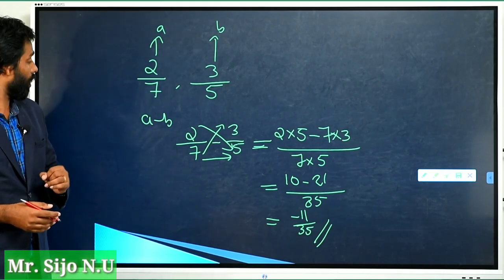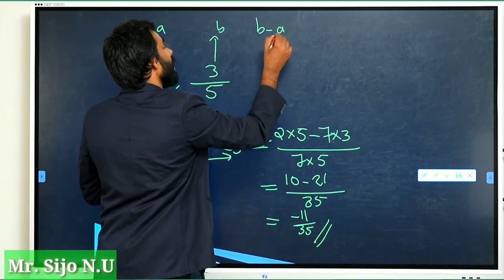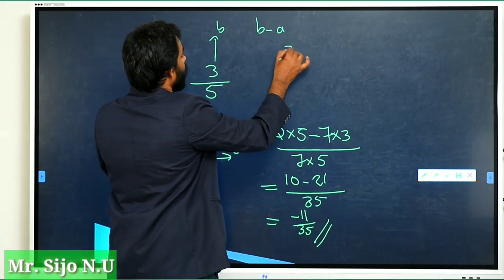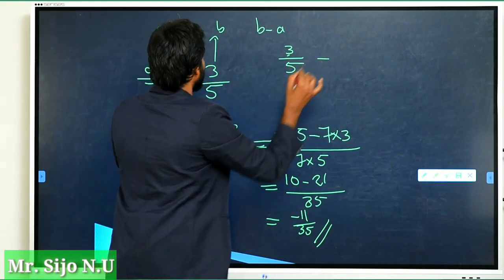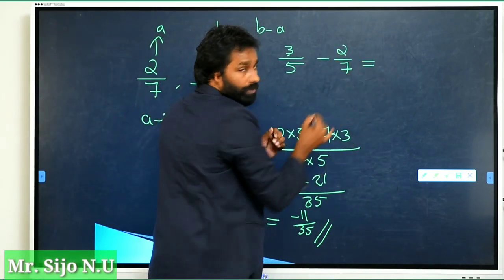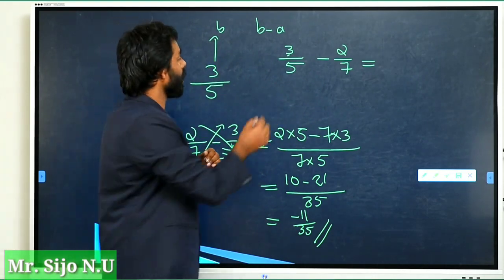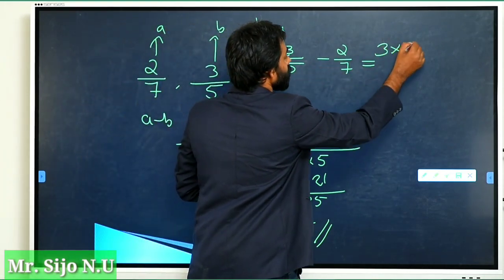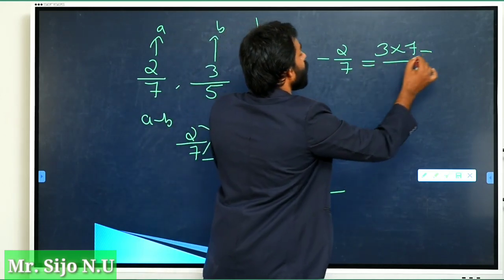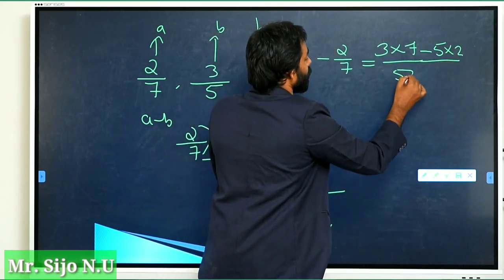Now let us find out b minus a. Here the value of b is 3 by 5 minus the value of a, which is 2 by 7. Again it is not like fractions, so we have to cross multiply: 3 into 7 minus 5 into 2, divided by 5 into 7.